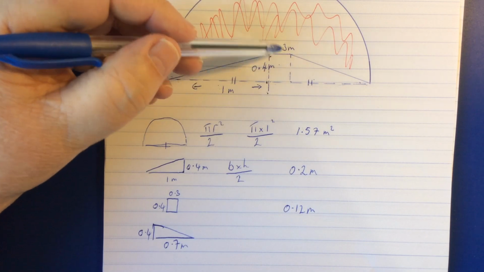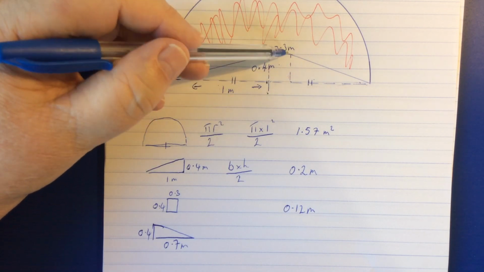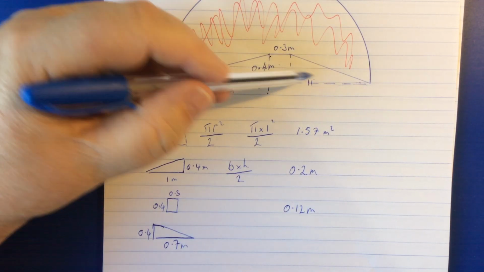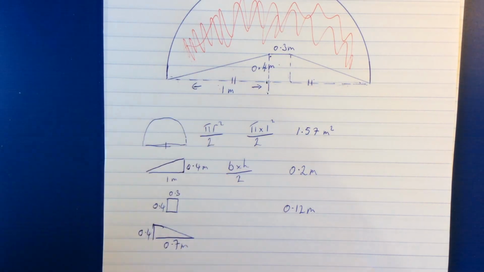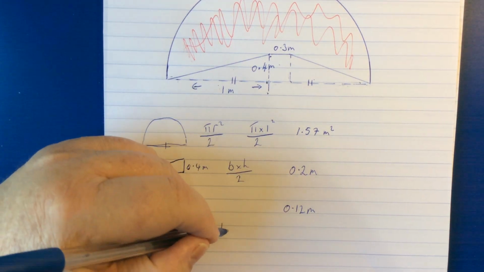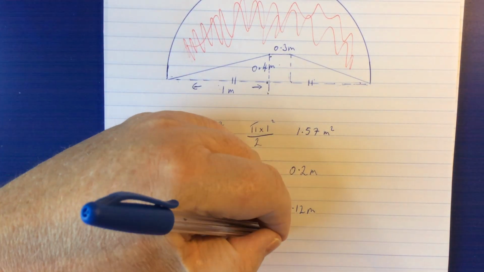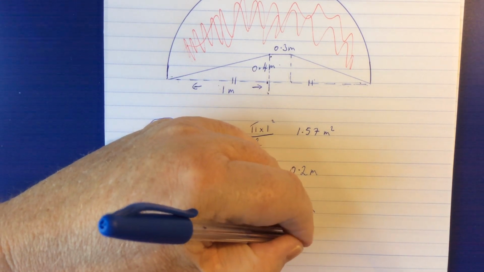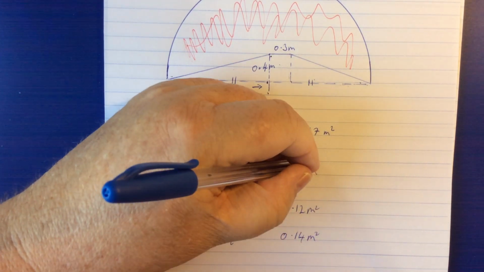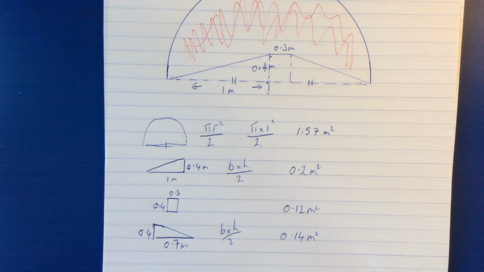This is 1 meter. We've taken this off it, 0.3, and we're left with 0.7. So we have, again, base times height over 2, which is 0.4 times 0.7, and divide that by 2, and we get 0.14 meters squared. These are all meters squared. I should have said that.